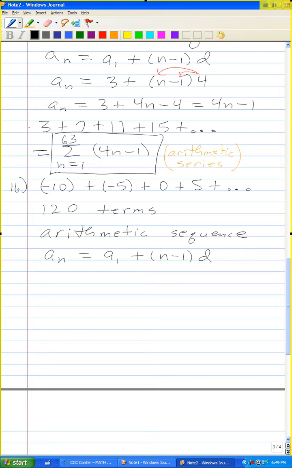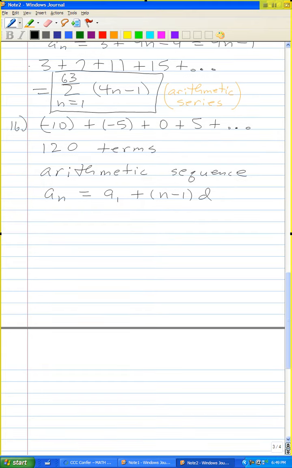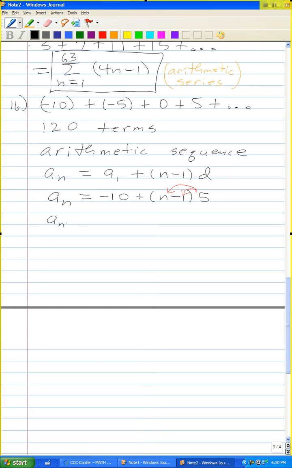That is the general term for an arithmetic sequence. In this case, the very first term, a sub 1, is negative 10. The common difference, well, I keep adding 5 to get to the next term. So let me multiply the 5 inside the parentheses. Using the distributive property, I get a sub n is equal to negative 10 plus 5n minus 5, and so 5n minus 15.